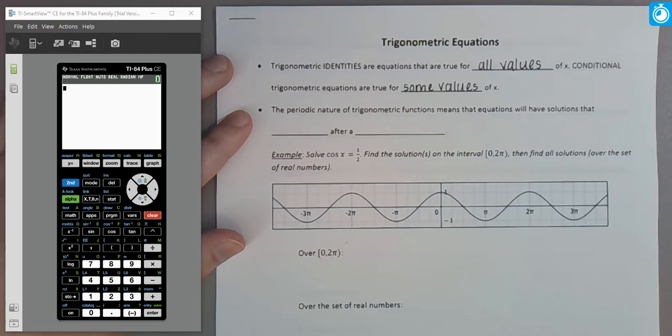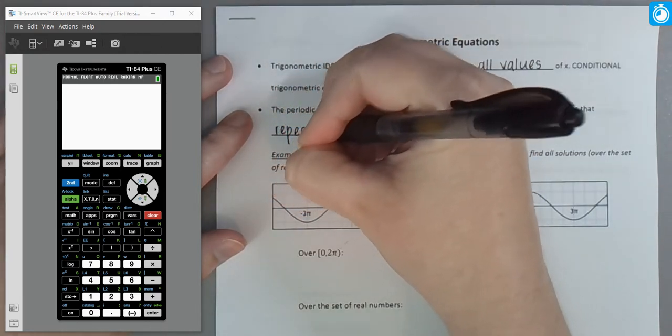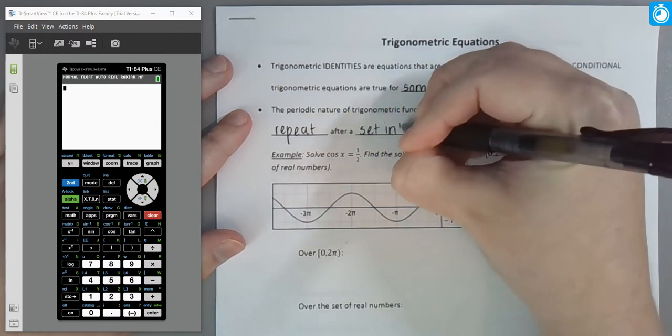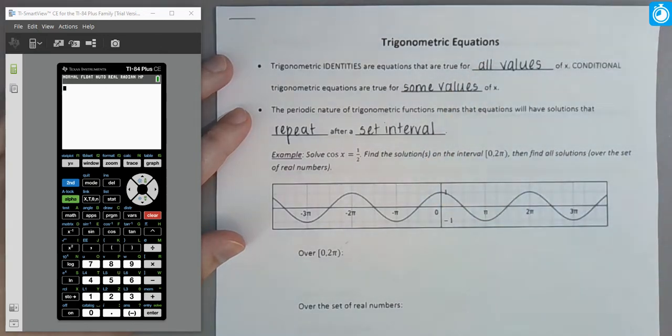The periodic nature of our trig functions means that equations will typically have solutions that repeat after a set interval. And this is something that you probably haven't encountered yet in your experience solving equations. Typically when we solve equations, we have a finite number of solutions. But because our trig functions are periodic functions, solutions to the equations are going to repeat as well.